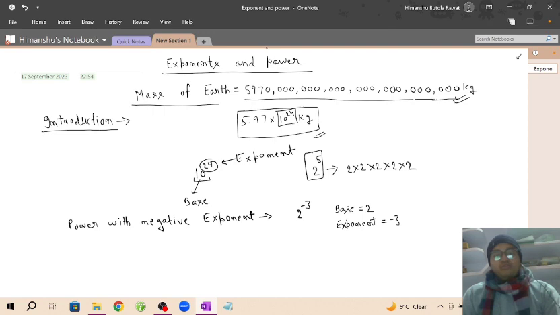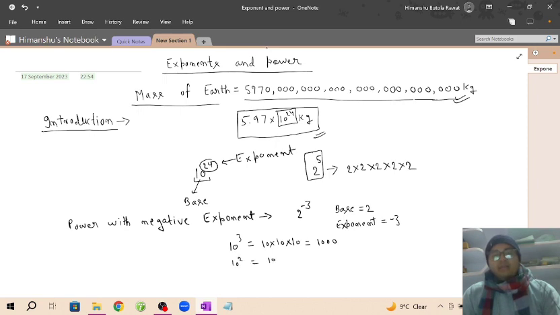Suppose we have a number like 10 to the power 3. We already know that we can multiply 10 three times and we will get 1000. Now suppose we reduce the power of 10, like 10 raised to the power 2.